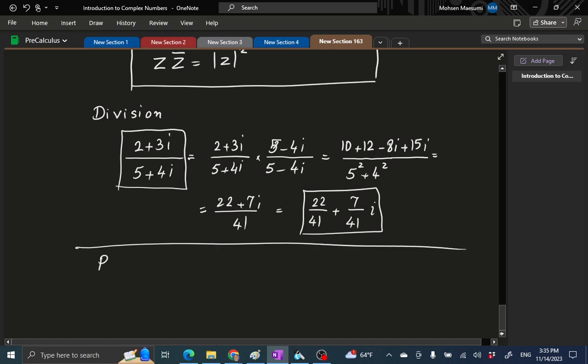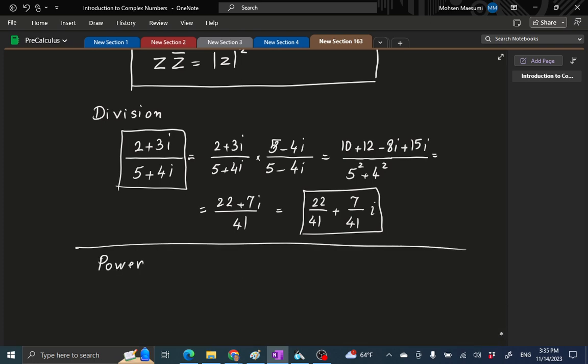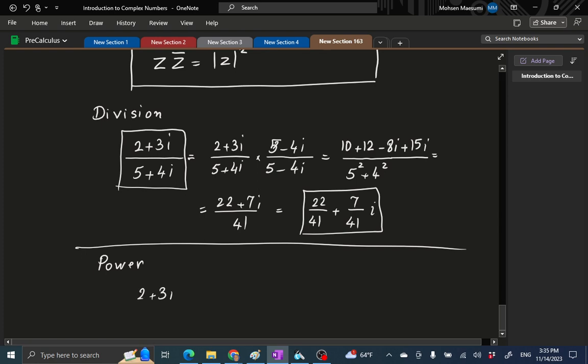How about the power of a complex number? Well, that's just repeated multiplication. So if I have 2 plus 3i and I want to square it, well, what does squaring mean? We just do that: 2 plus 3i times another 2 plus 3i.